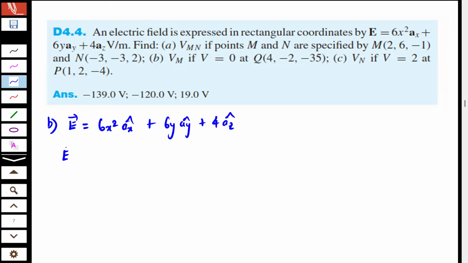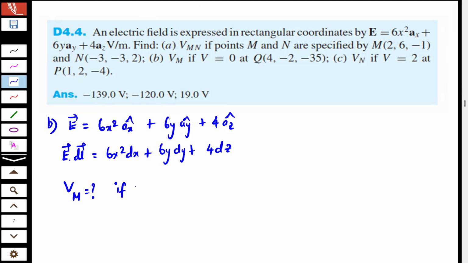And I will directly write E vector dot dl vector, which is 6x square dx plus 6y dy plus 4 dz. You are asked to find absolute potential at M if V is equal to 0 at Q having the coordinates 4, minus 2, minus 35.